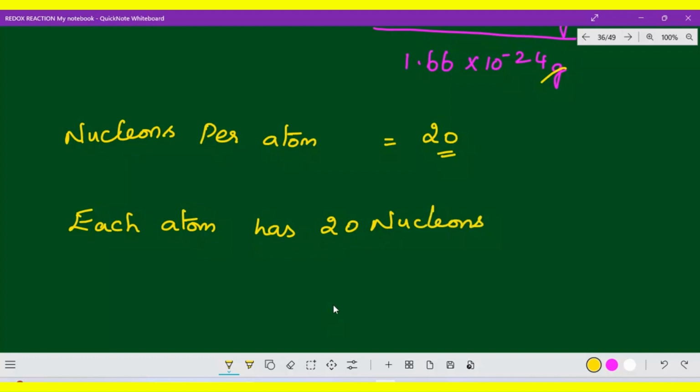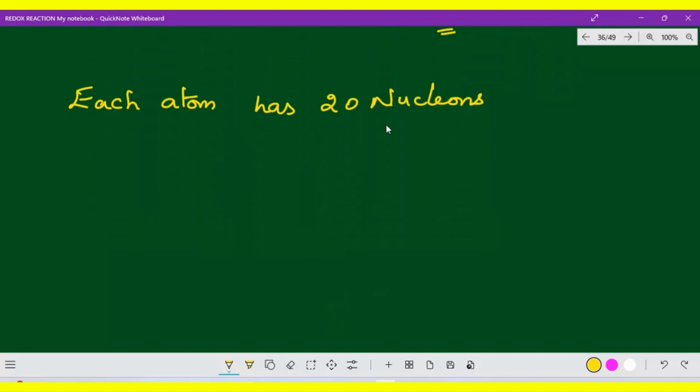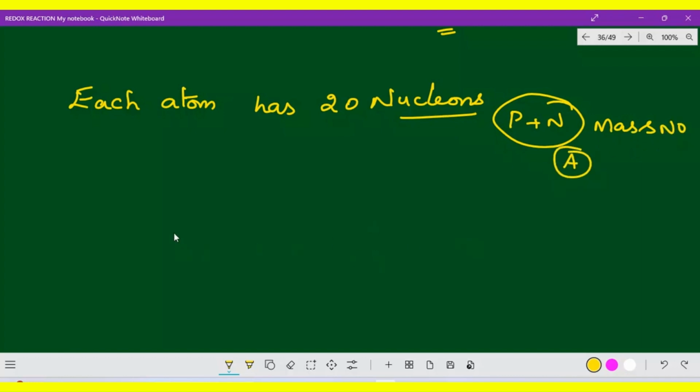That means the mass number is 20. Just now I mentioned nucleons are protons plus neutrons, also known as mass number, whose symbol is A. So the atomic mass number equals 20.